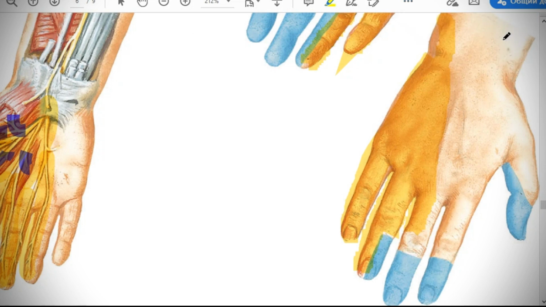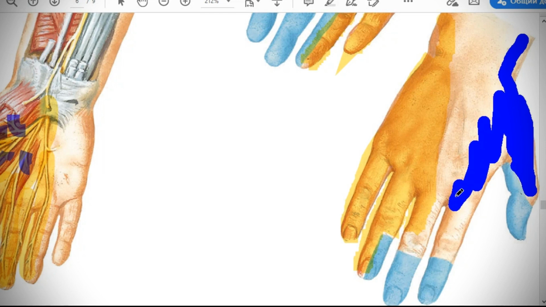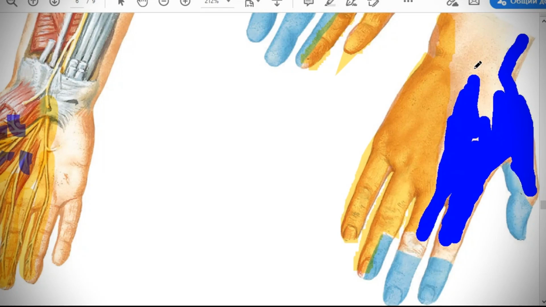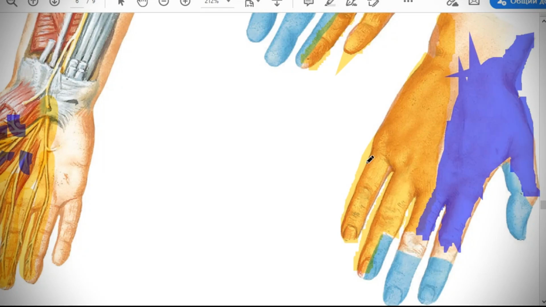Ramus superficialis neuroradialis. It goes here and divides into dorsal digital branches that supply the proximal phalanx of the pollex, the dorsal surface of the pollex. It supplies the proximal phalanx, both sides, of the second finger, and the lateral aspect of the proximal phalanx of the third finger, and half of the dorsal surface of the hand.